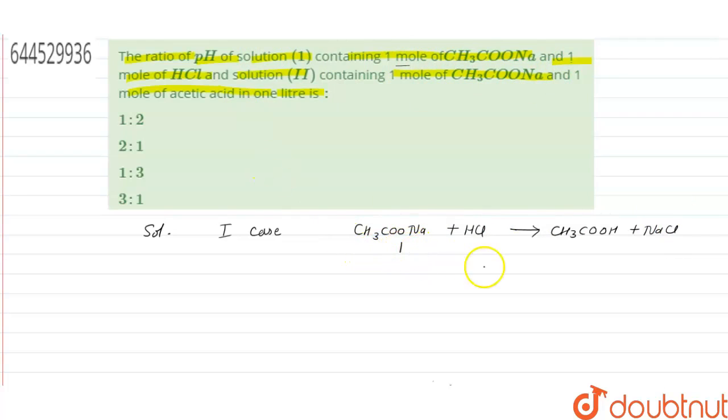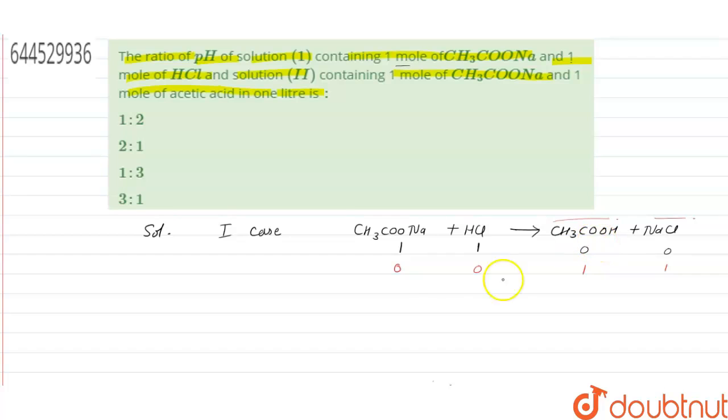Initially 1 mole of sodium acetate and 1 mole of HCl are present, and 0 moles of products. After completion of this reaction, we will be left with 0 moles of reactants and 1 mole each of the products. So in the final solution, we have acetic acid and NaCl.